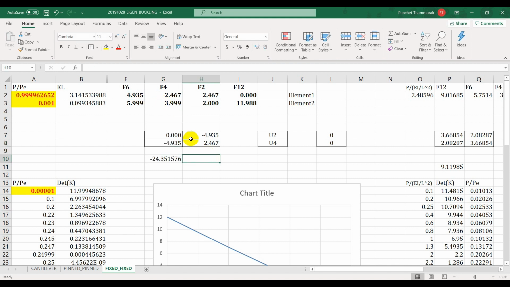Okay, this is a contribution from the first element. The second element, you have the two upper corners, so you add up with the F12 of the second element. Over here you add up with the F6, so it cancels out to 0. You add up with the F6, it cancels out to 0, and then the last one is the F4.